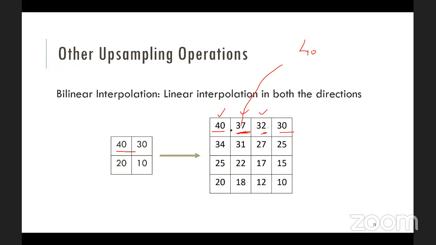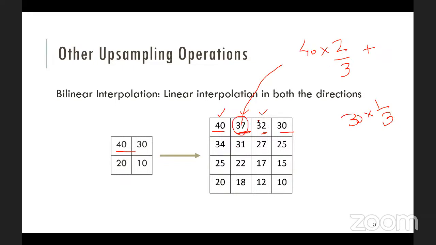We are dividing the gap into 3 parts, so 40 is multiplied by 2 by 3, because this position is closer to 40. Then we give 30 a weightage of 1 by 3. If you do this, you will get 36 point something, that is 37.